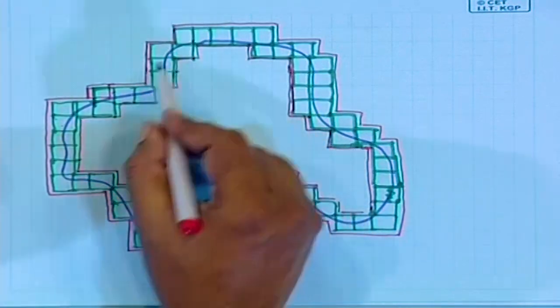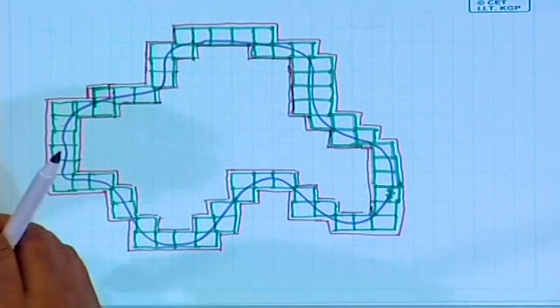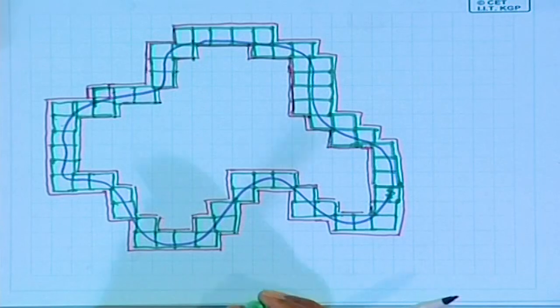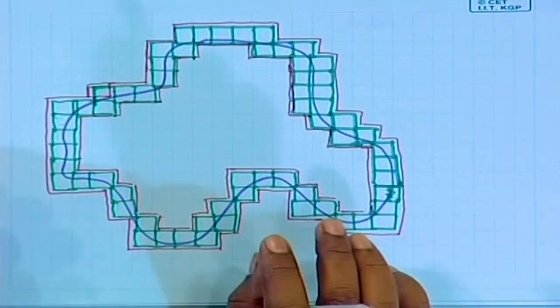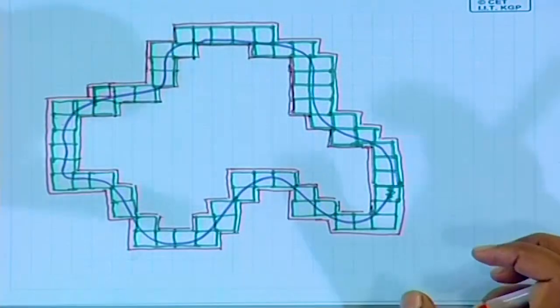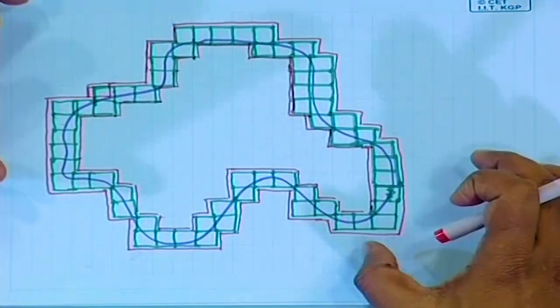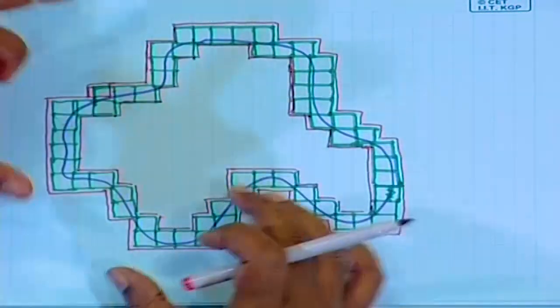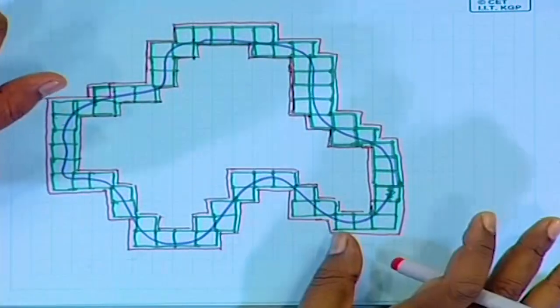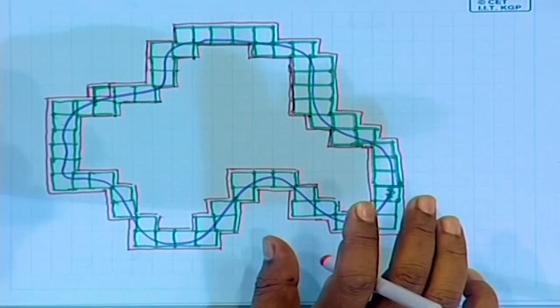Now, if I assume this boundary to be a closed rubber cord kept within this inner wall and outer wall, then you know that a rubber cord under tension, kept in a constant place like this, always tries to attain the minimum length. As a result, this cord will try to shrink in whichever way is possible, and it will try to attain the minimum perimeter.